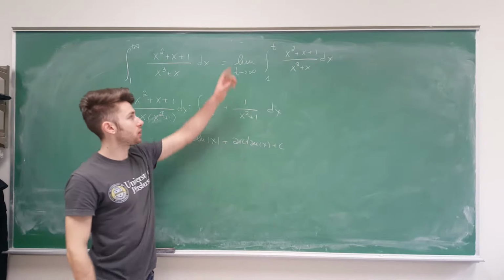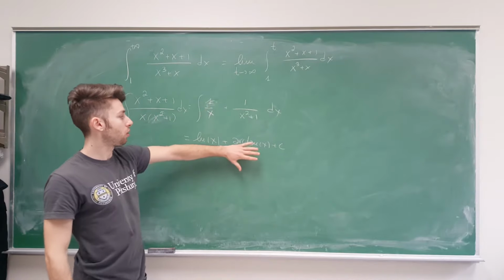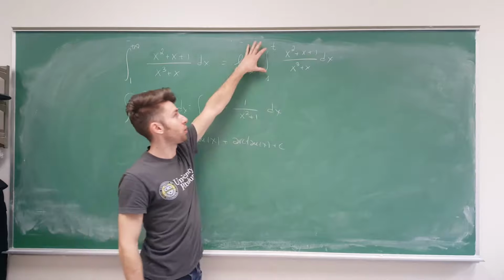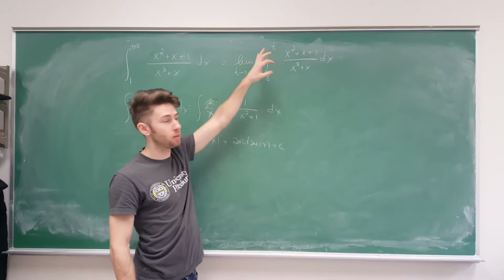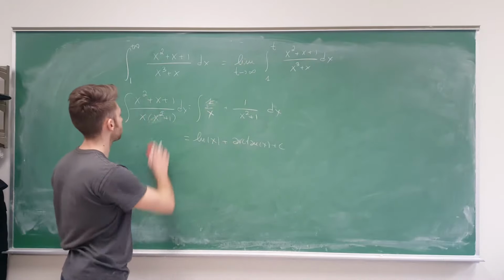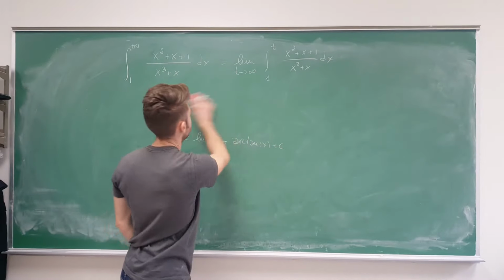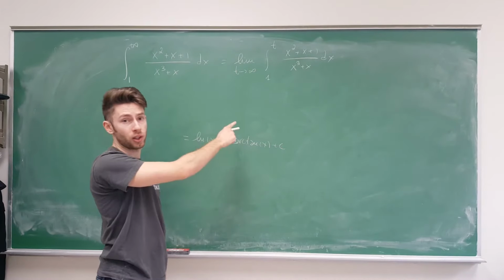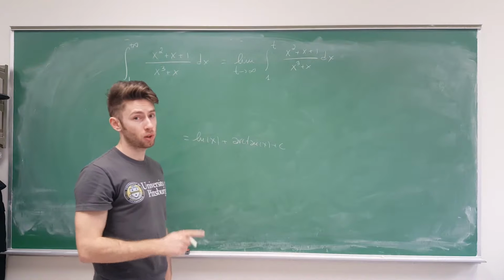Now our problem was this improper integral. So once we have an antiderivative, we need to evaluate at the endpoints t and 1. So I'll get rid of this. And I'll continue the calculation here. Remember to always write limit when you're computing the limit.